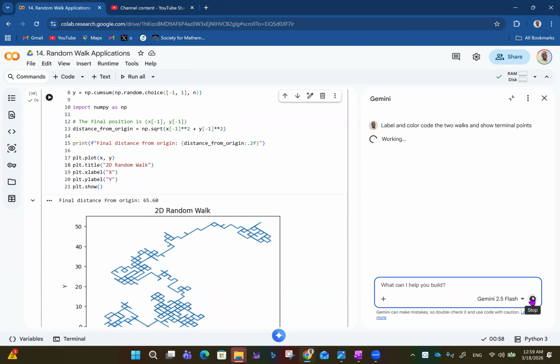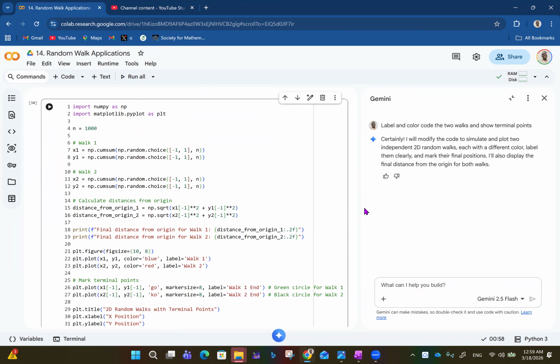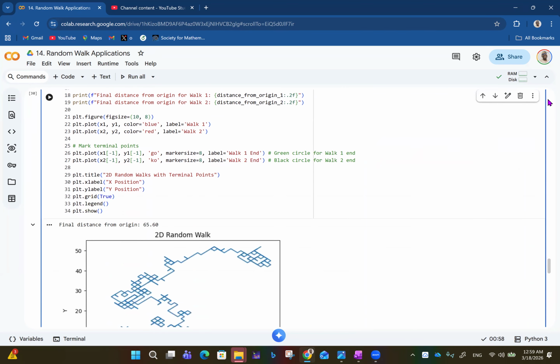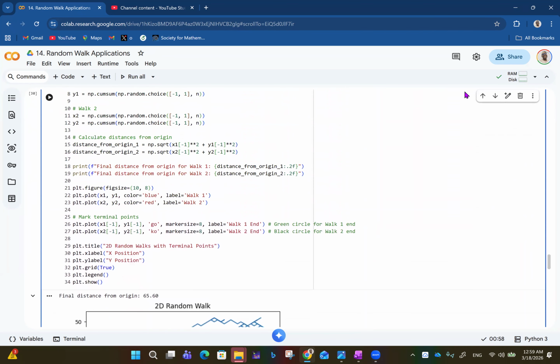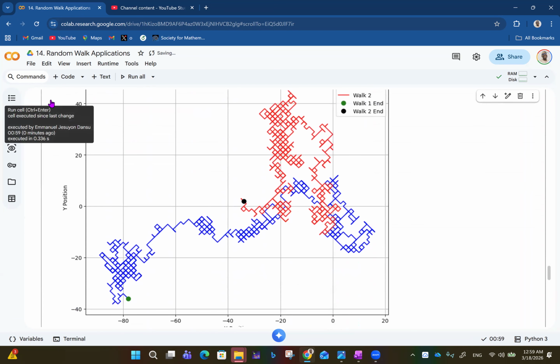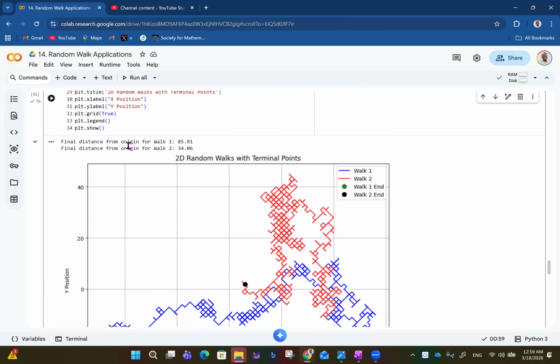So this is such an elaborate one. I run this and then we have all that. This is exactly what I was looking forward to. Here the final distance from origin for walk one is 85.91.